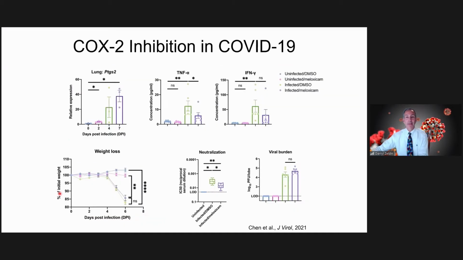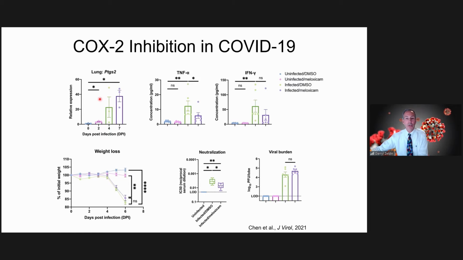So there's really very limited data in the literature on the use of eicosanoid pathway modulators in COVID-19. For example, the effect of COX-2 inhibition in a mouse model of SARS-CoV-2 infection was just published last month in the Journal of Virology. COX-2, or PTGS2, expression was increased after SARS-CoV-2 infection.